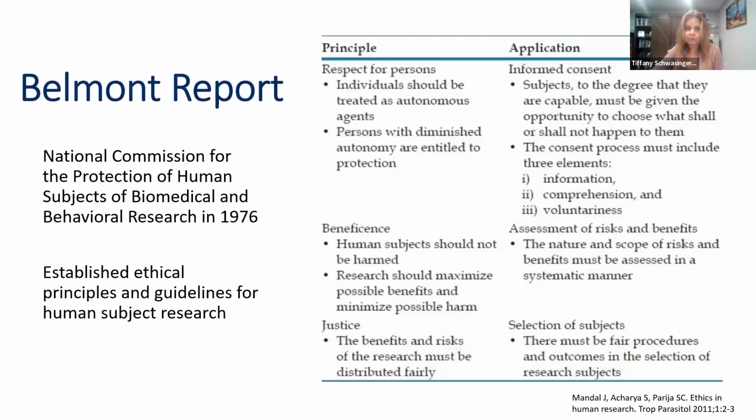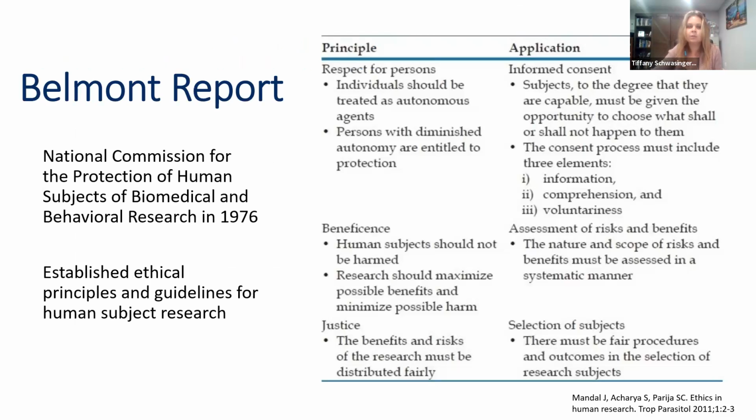We took it one step further in 1976 with the Belmont Report, and this is where we really brought in medical ethics as well. So when we talk about medical ethics, there's a few that we always talk about. So the first is respect for the person. So individual respect. Everybody gets a right to choose whether they want to participate or not.